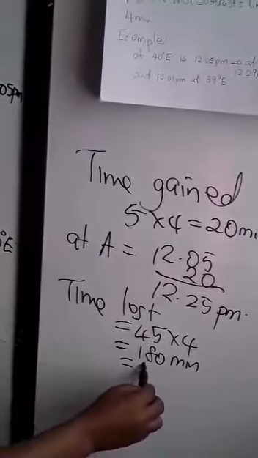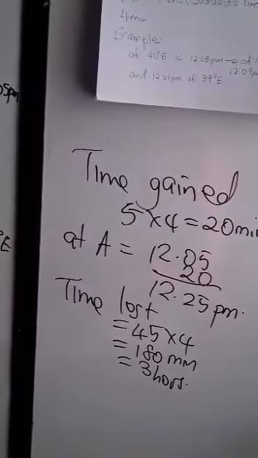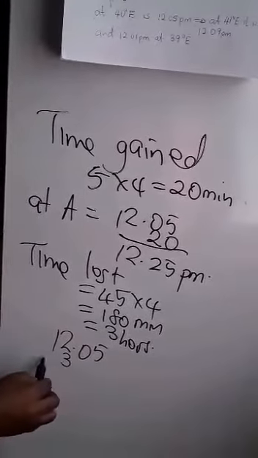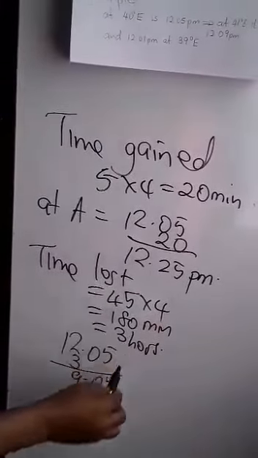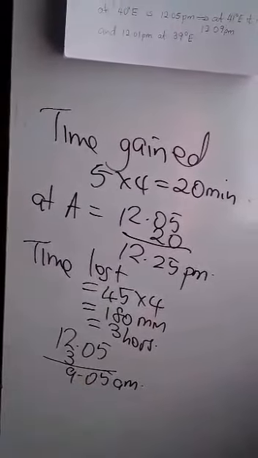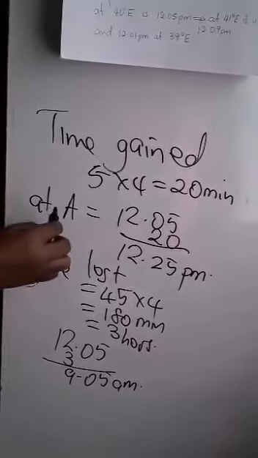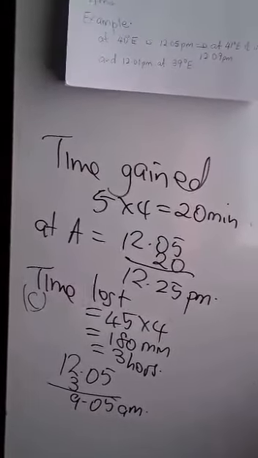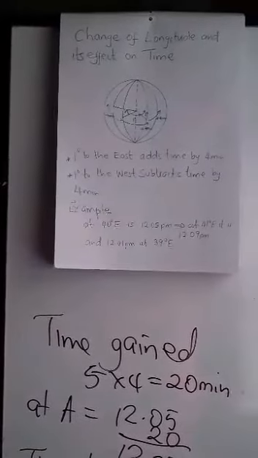It's the equivalent of 3 hours, isn't it? So the time at C will be 12:05 less 3 hours, which is 9:05. This was PM, so this will be AM. So that is the time at C, and this is the time at A. That is how time changes with change in longitude.